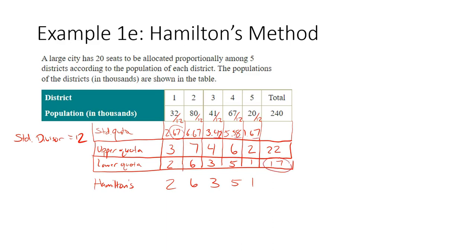We have 3 extra seats that we can assign, and so each one of the 0.67 would get 1 extra seat. And this would then be 3, 7, 3, 5, and 2, and that would give us 20 total. But this is not the only way that we could round and divide the remaining representatives or the remaining items.